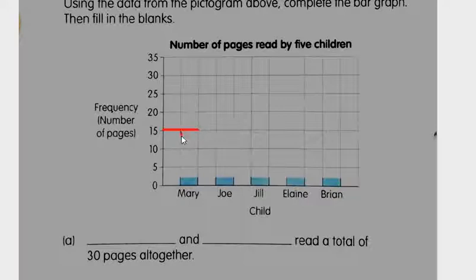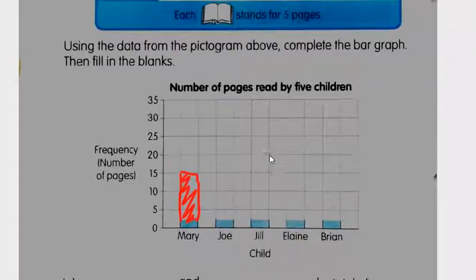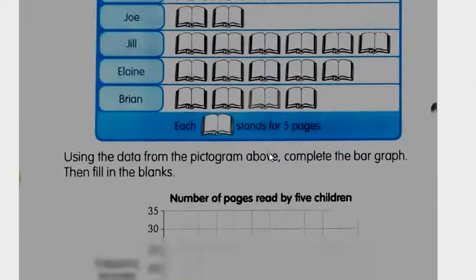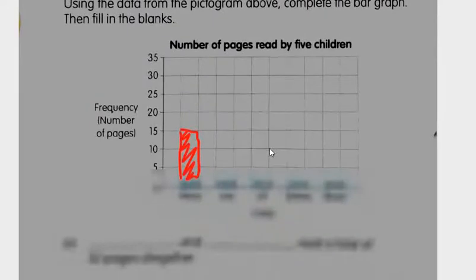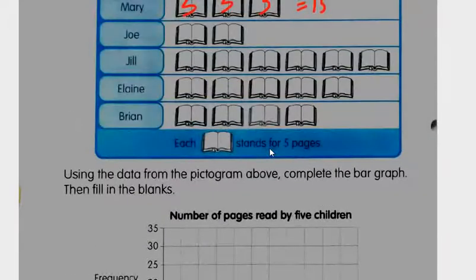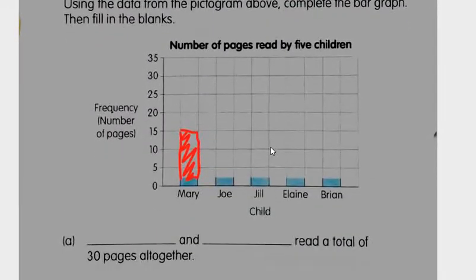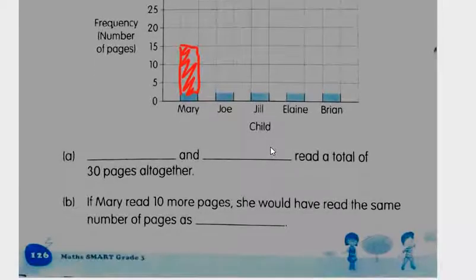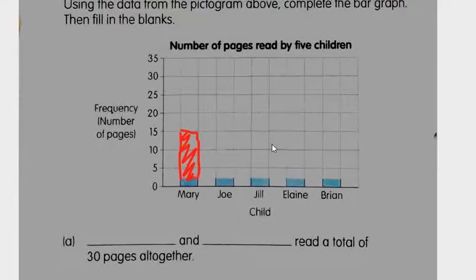Then make the bar and fill it with color. Do the same with the other children. I think it's easy to do, so I will give it to you to do the bar graph.